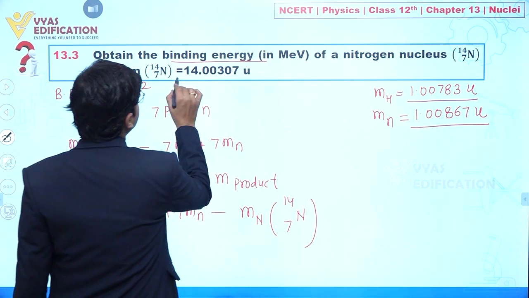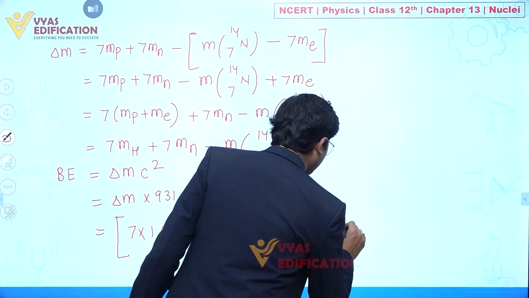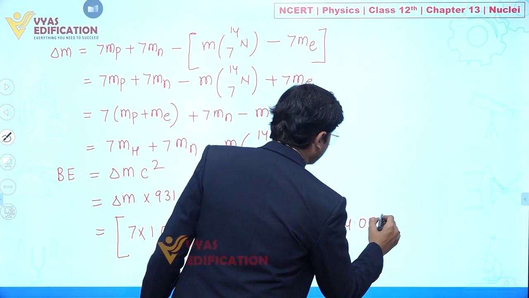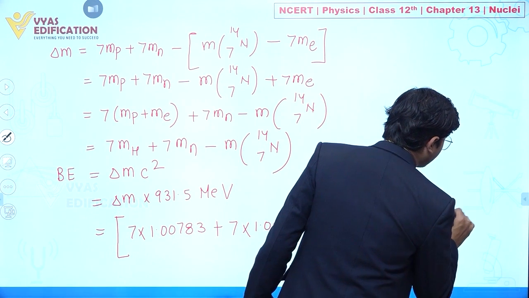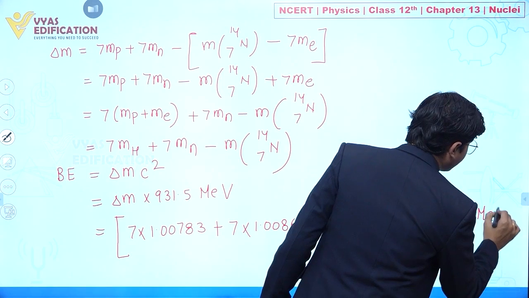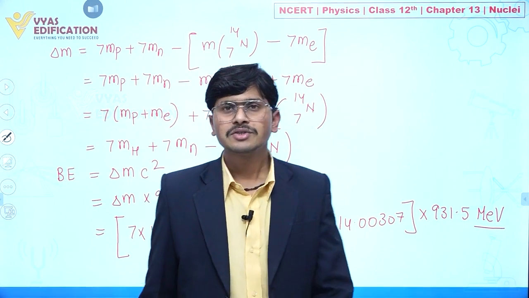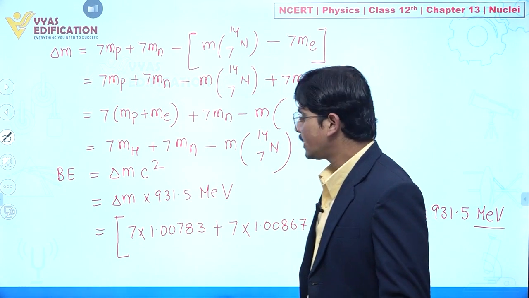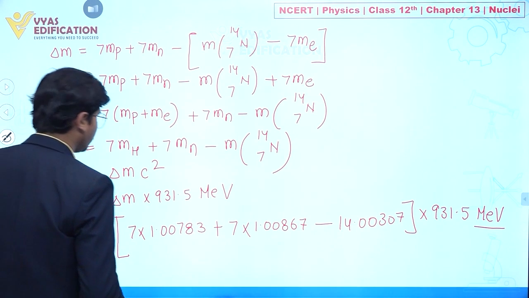So the atomic mass is given to you, 14.00307, and if we multiply it with 931.5, then definitely we will get this answer in million electron volt, clear to everyone. So now if you calculate it, can you calculate? Yes. So first multiply it with 7, clear.